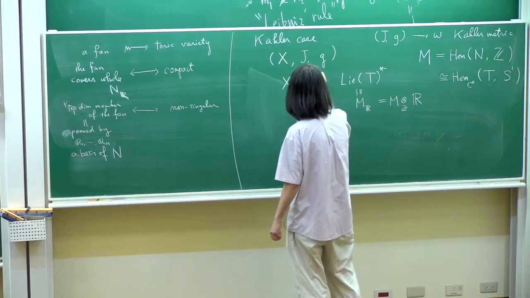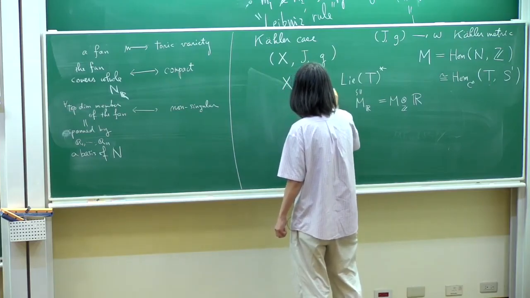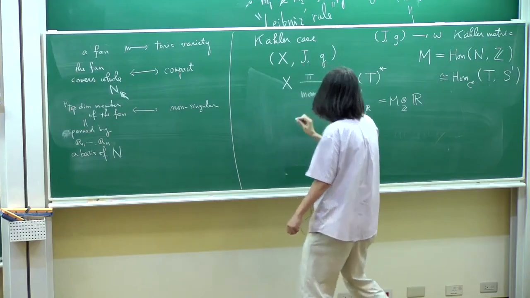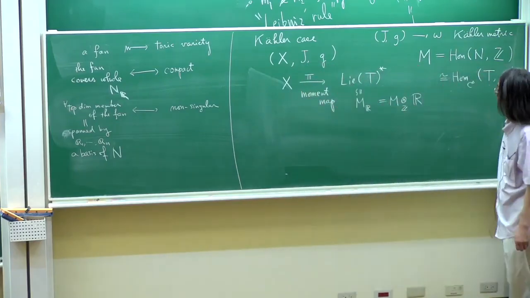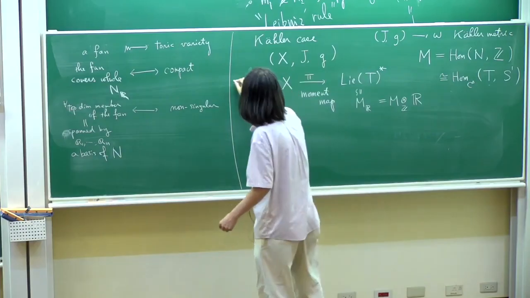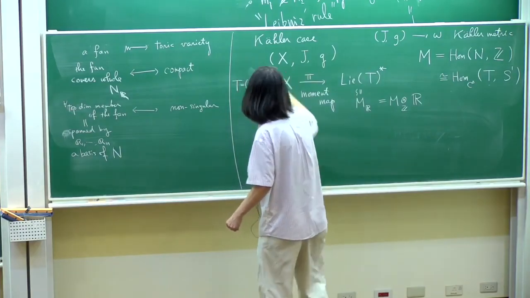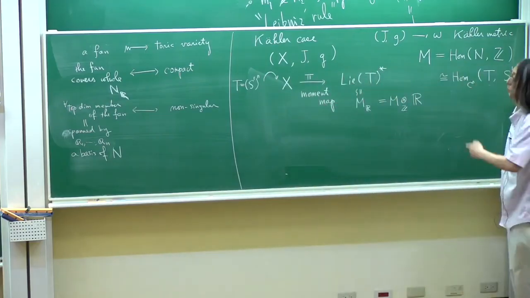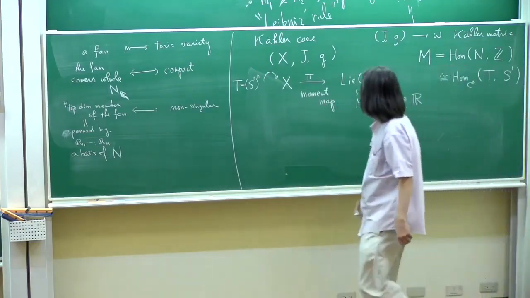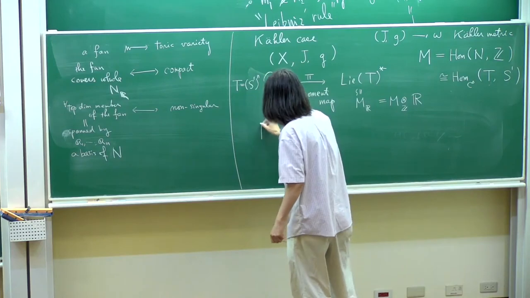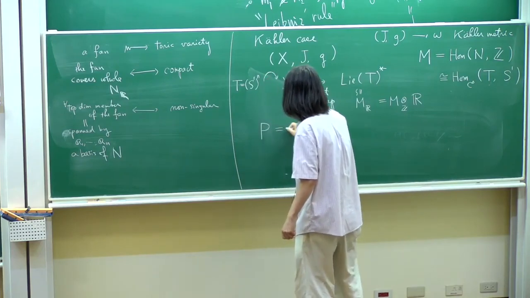For some reason, I use this pi, which is very strange, but this is a momentum map for this torus action. So here, I have a torus action, and then the momentum map for the torus action. And so then we get the image. So P is the image of this.